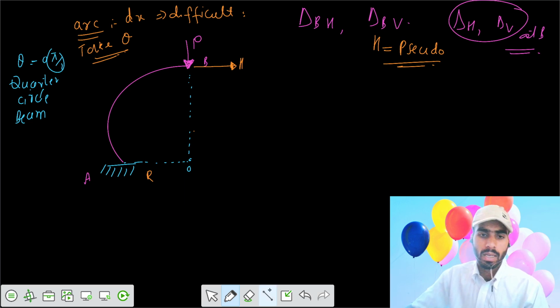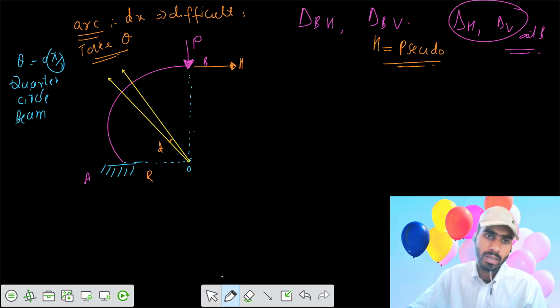So if you take a strip at theta with respect to point B, say this is your strip, making d theta. This is your radius R. Say both are radius R. Then this one is some length ds along the surface, which equals R times d theta.